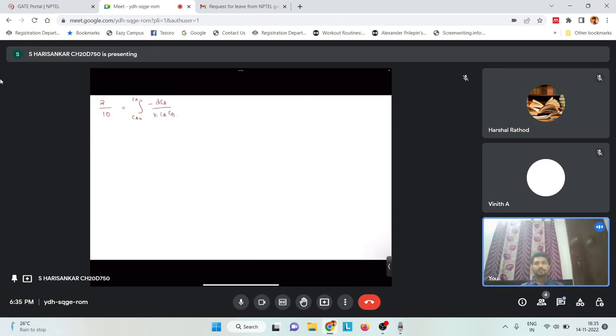Here we can note that inside the integration there are two concentration terms, CA and CB. So let us see how we can deal with these two terms. Let us take a scenario. Let's say at time t equal to 0, we have the four elements, the two reactants and the two products.